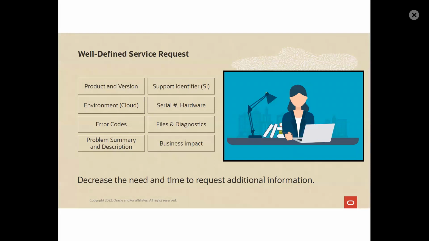Okay, so the first thing you do is to log a well-defined service request, and you will be needing this information. So you have to have this information handy before you start logging a service request. You must know the product and version of the solution that you're logging the service request for.